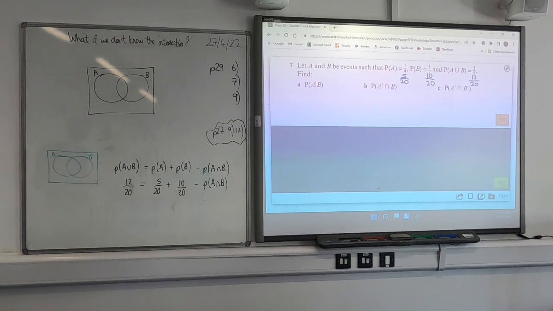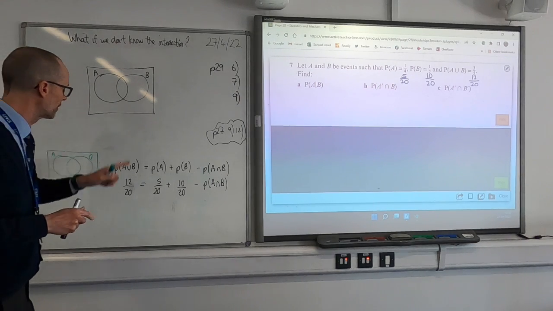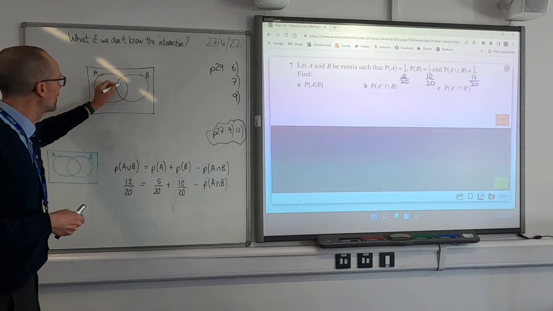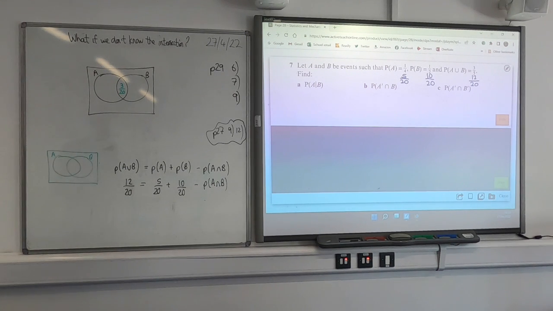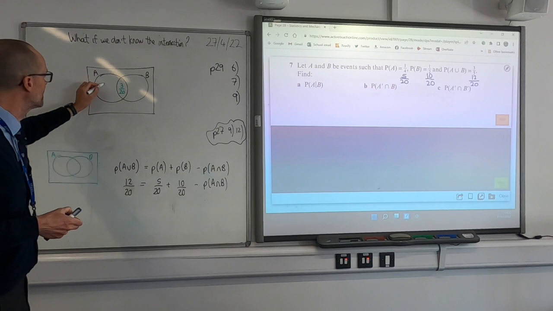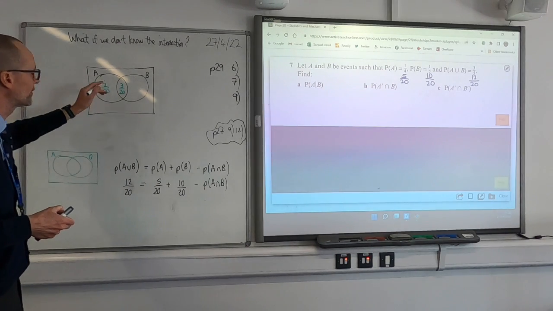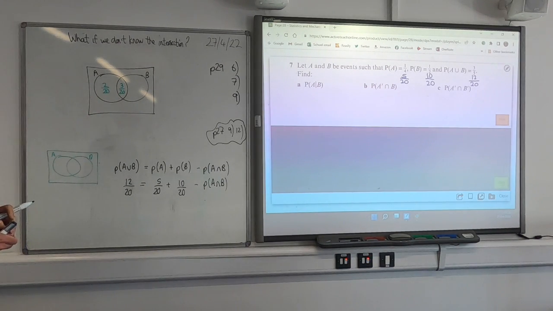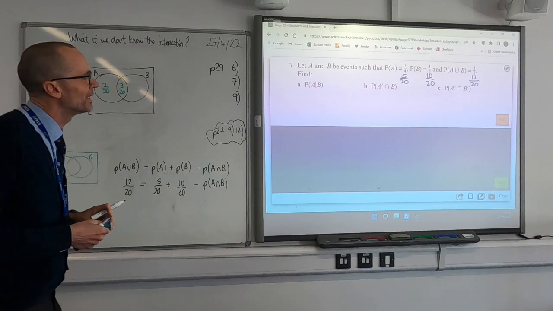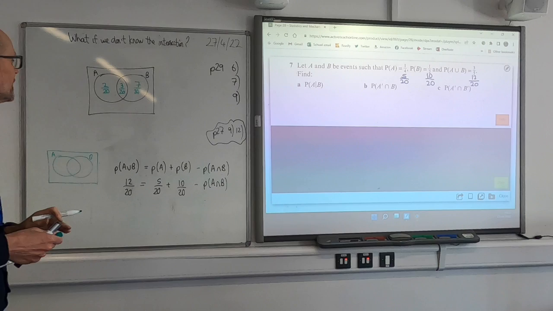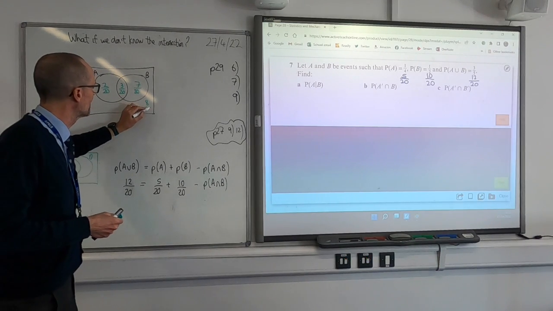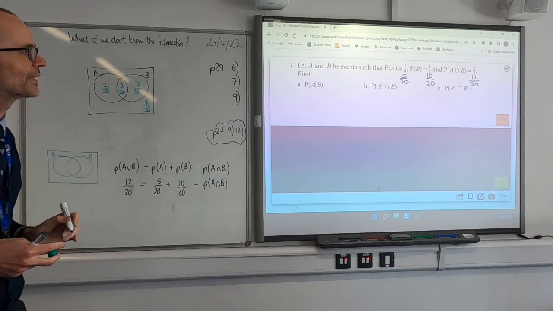If you note that probability of A and probability of B add up to 15/20ths, but the overall circle is only 12/20ths, and therefore that means that the overlap has to be 3/20ths, then that's brilliant. And if the overlap is 3/20ths, that means that this is 2/20ths. I'm going to leave it as 20ths because I can cancel any final answers. And probability of B is 10/20ths, so that's 7/20ths. I've got 12/20ths there, so that's 8/20ths.